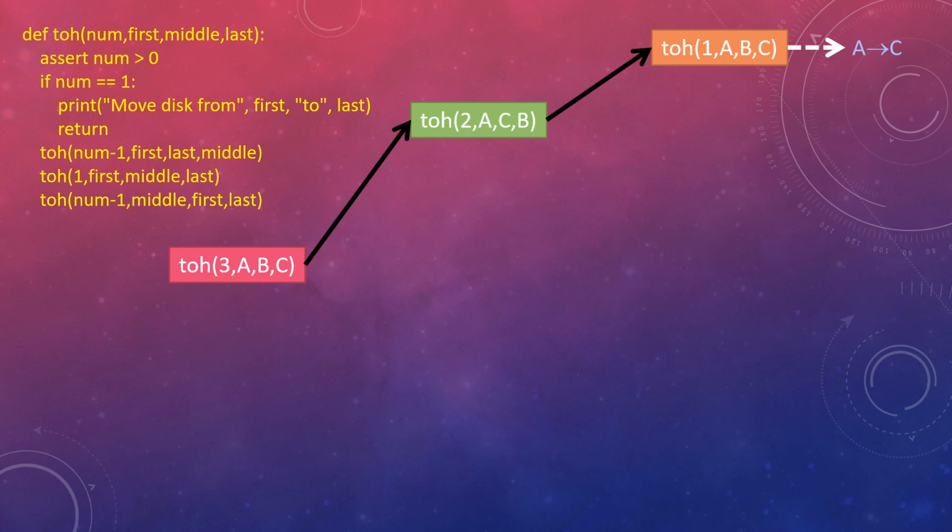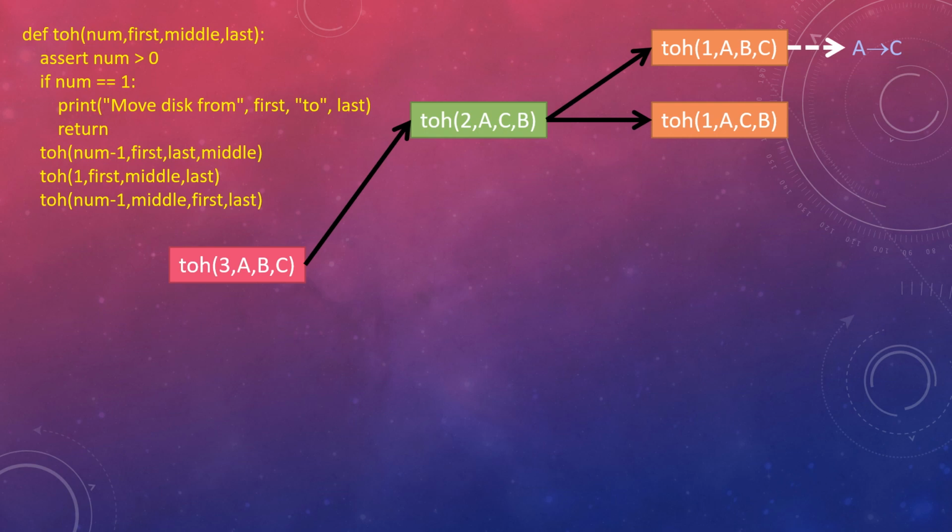The green function instance will generate the second recursive call, TOH 1 A C B. Take one disk from the source to the destination. Look at the green box again.